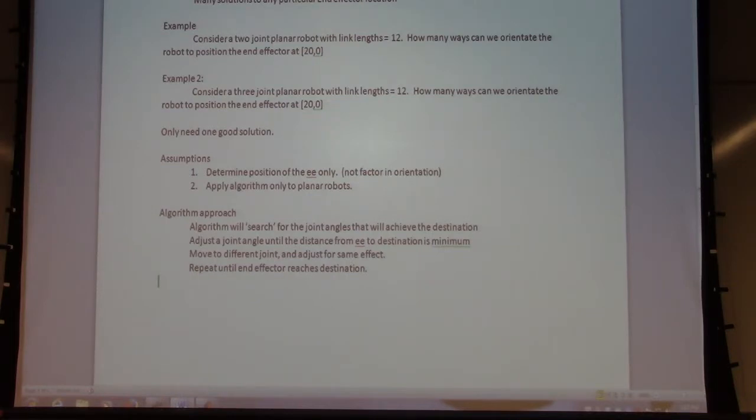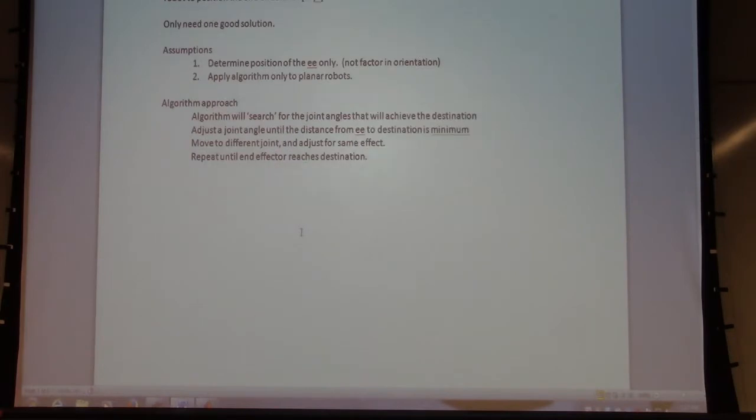Now, there's a little bit of information that's lacking here. What is it? This is the general algorithm to get the job done. But what it's missing is a particular order to implement it. Where should we start adjusting?